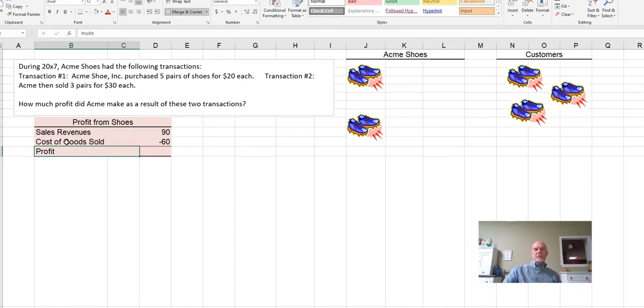And so if you take that, the sales revenue, you can think of that on a per unit basis, that's our sales price. In total, the sales revenue is going to be the total sales from everything we sold. The cost of each item, you would have a cost per unit of $20, but our total cost of goods sold is $60. And the difference between the two is $30. And we're going to call this our gross profit.